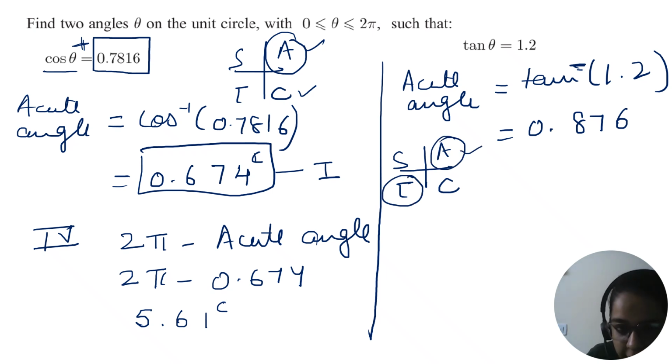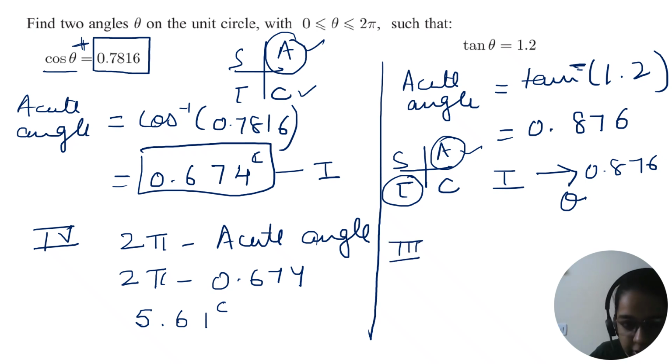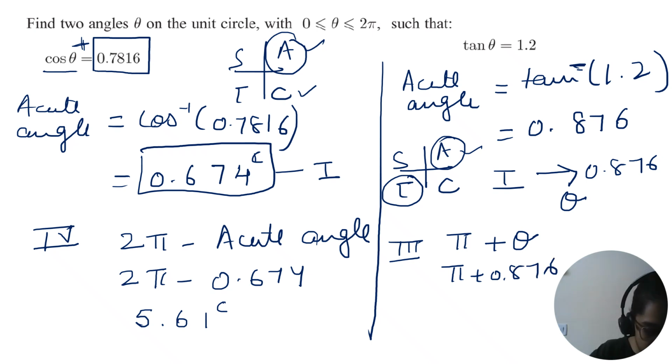So I already got my value for the first quadrant. My angle would be 0.876. That is my theta. Now I need the theta for the third quadrant. For the third quadrant, we know the angle is given by pi plus theta. So I do pi plus 0.876, and when I put this in my calculator, I get 4.02 radians. I hope it is clear.